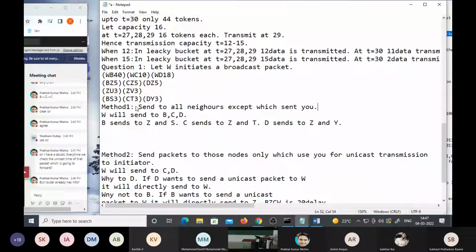That is correct. But how does the router get this information? The routing table has not been taught to you. I have not taught you the routing table.